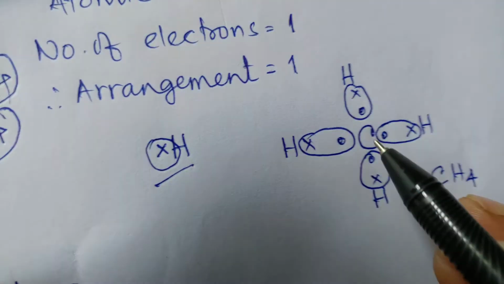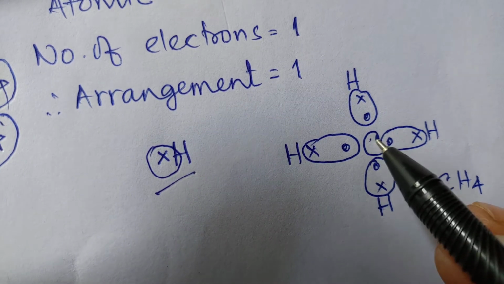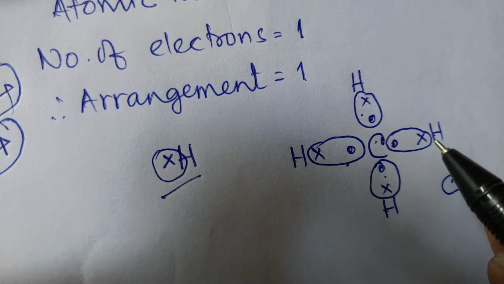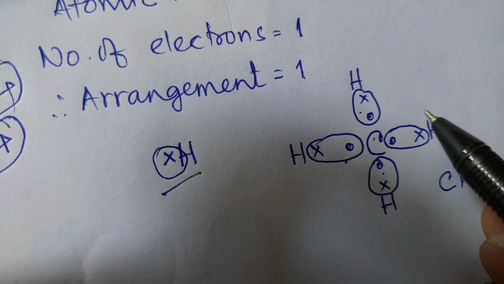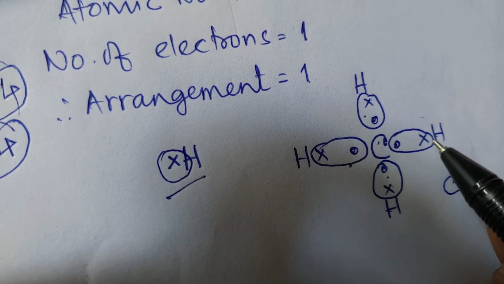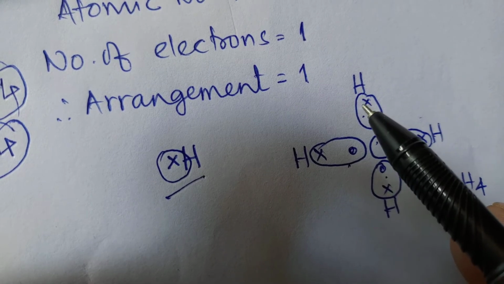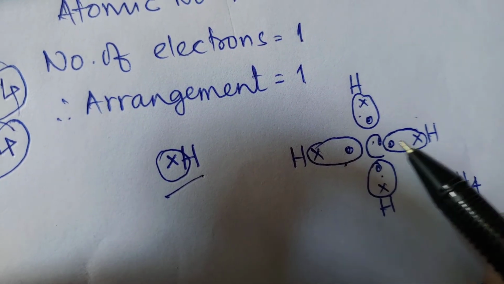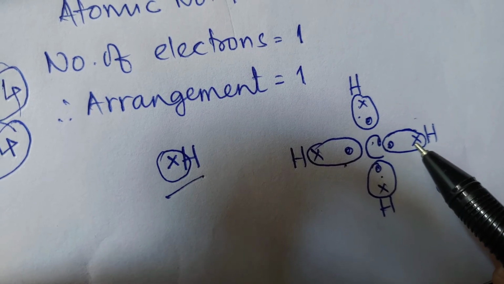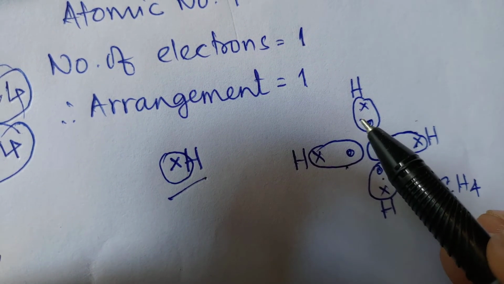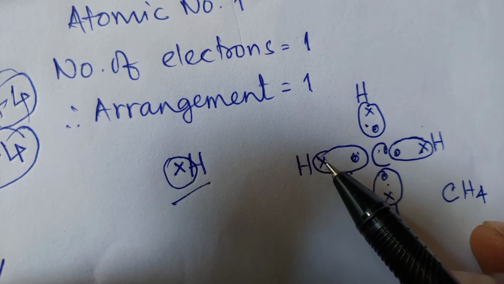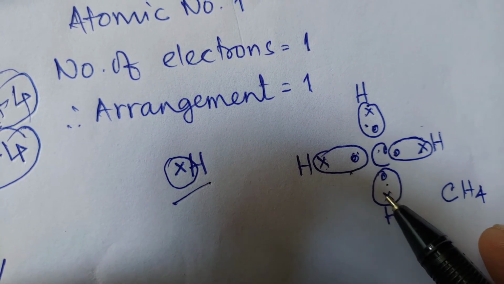Now one carbon atom is sitting here with 4 electrons in its outermost shell, inviting 4 hydrogen atoms to share their outermost shell electron with it. Here you see, carbon is using this electron of hydrogen. This electron is sharing with this one, and this one with this one, and this one with this one.